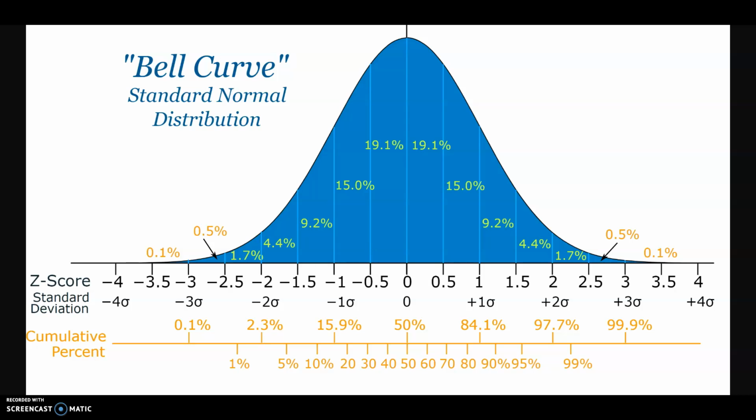So that's the variance, or the standard deviation. And so this bell curve is what the Gaussian is, and the standard deviation just changes the shape of it.